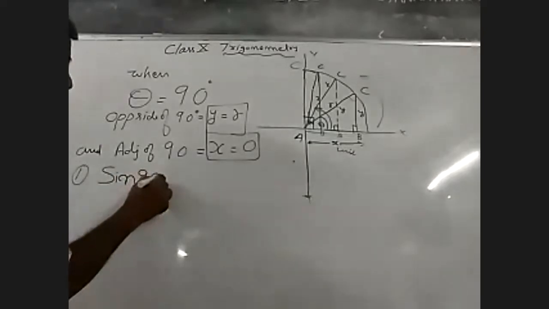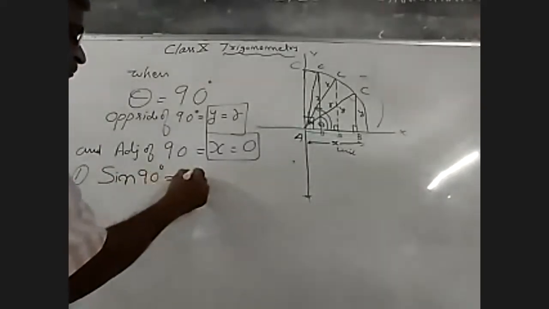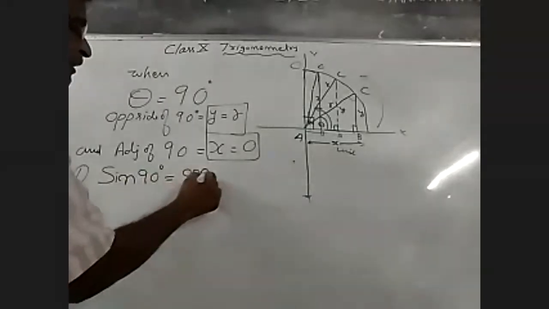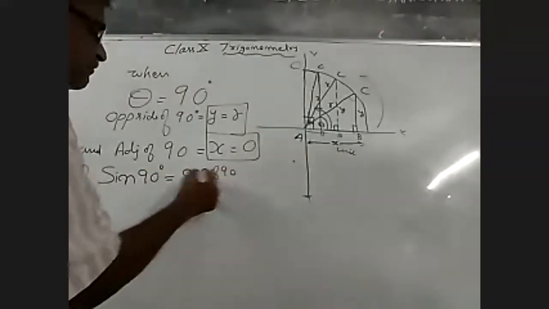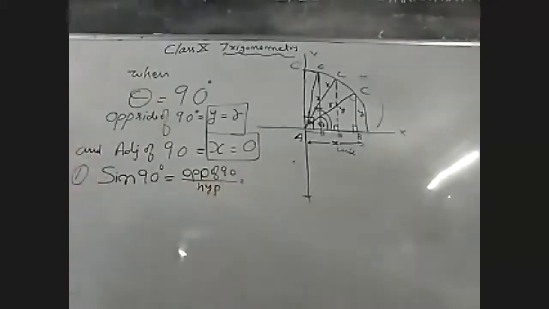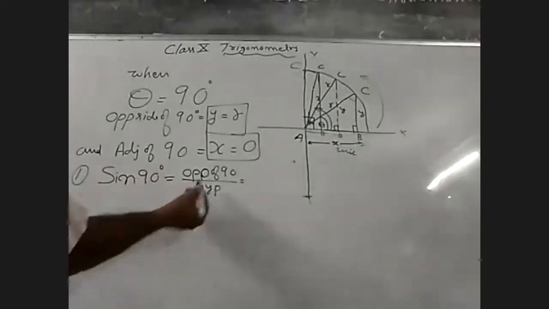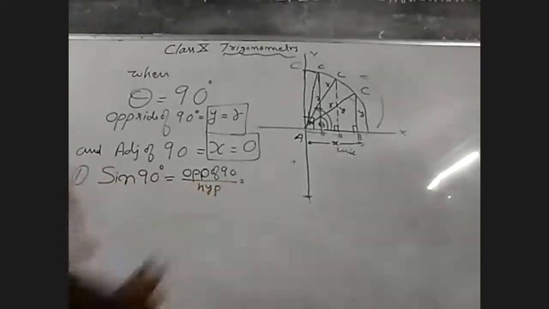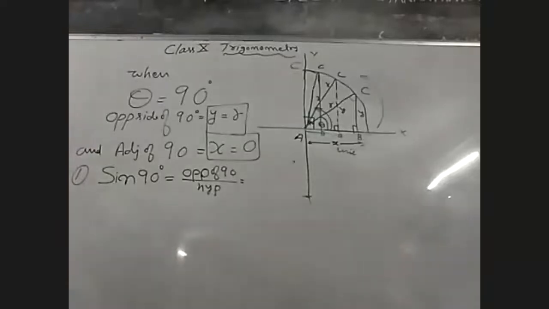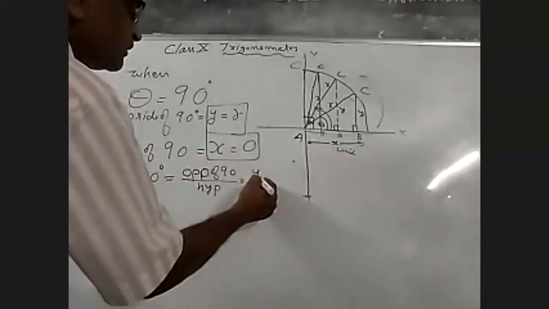Sin 90, the first ratio of trigonometry. Sin 90 is opposite of 90 divided by hypotenuse. Already you learned in the previous classes that sin theta is equal to opposite of theta by hypotenuse. Now, what is the opposite of 90? It is nothing but y.